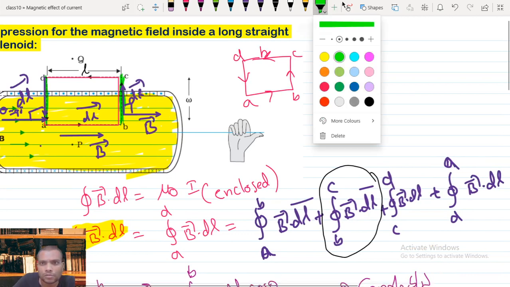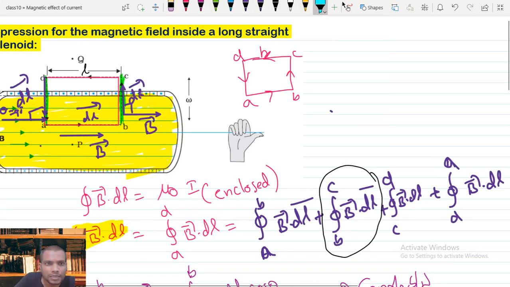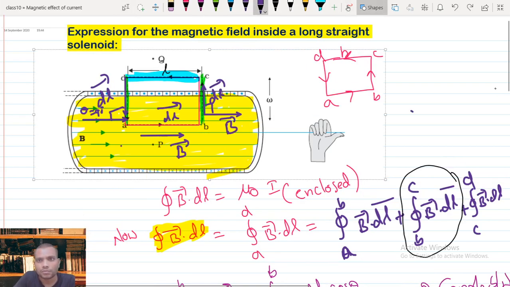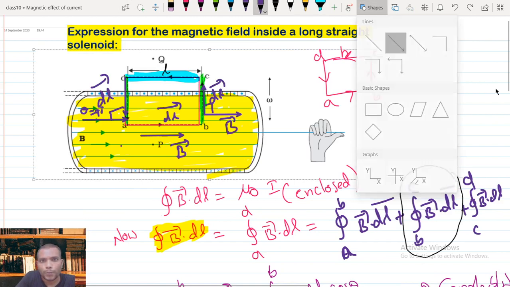Now this I am going to take with this purple color. So this portion we need to calculate. In that portion, if you take the Amperian loop, the elemental length has a direction. If I draw the direction of the elemental length, oops, it's 180 degrees.